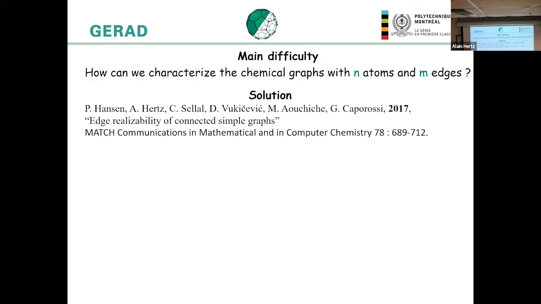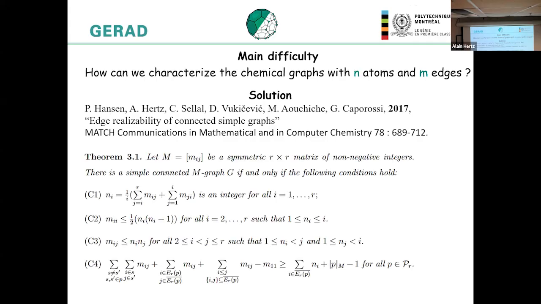And there is a way of doing it. This is a joint work with Pierre Hansen and Gilles Caporossi and Mustapha Aouchiche. So this work started at GERAD. In 2017, we wrote a paper where we give a set of constraints that characterize exactly the chemical graphs. So don't look at the details. It looks like this.